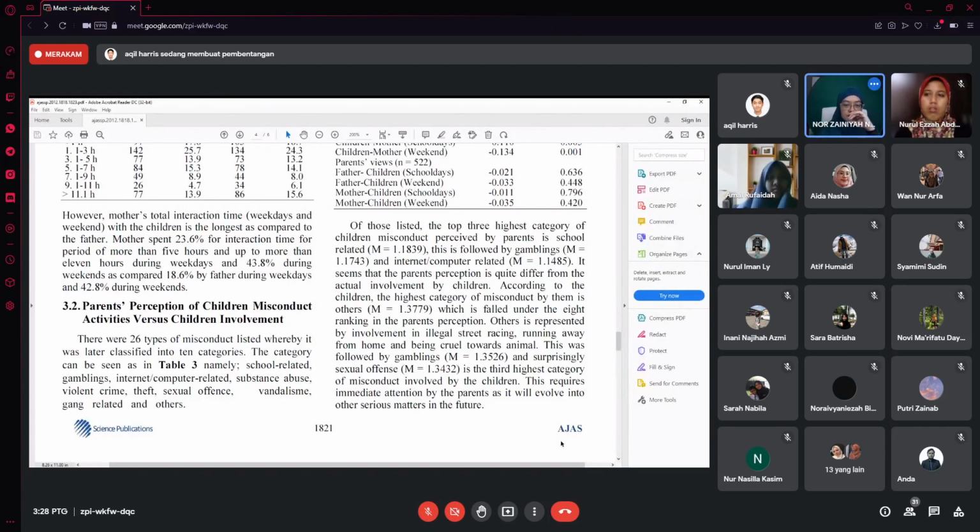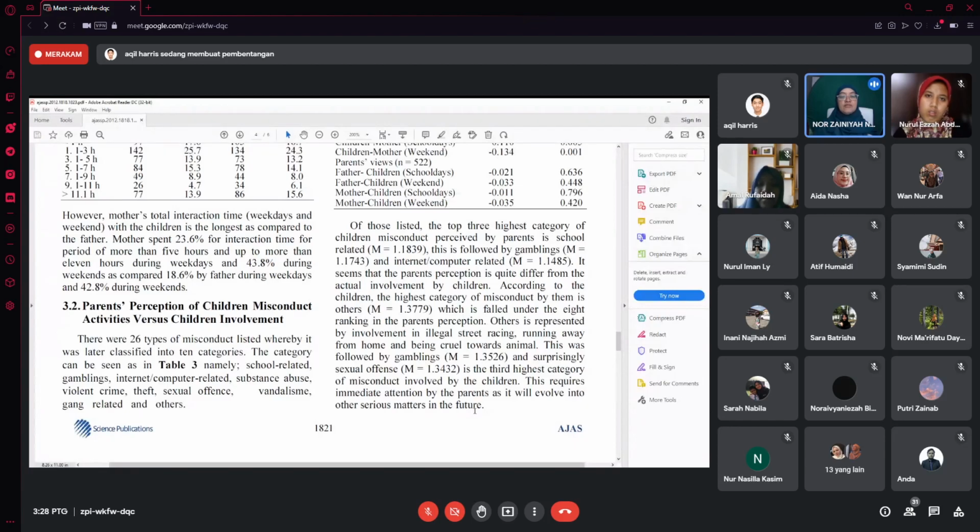Okay, there you go. So you have to understand what is being said here. What is the understanding there? Some parents think that it's not considered a heavy-duty kind of misconduct if their children are involved in illegal racing, running away from home, being cruel to animals.